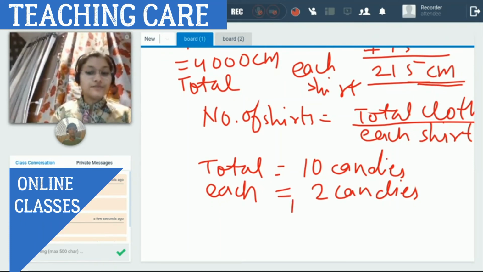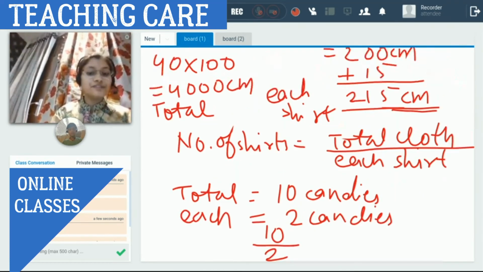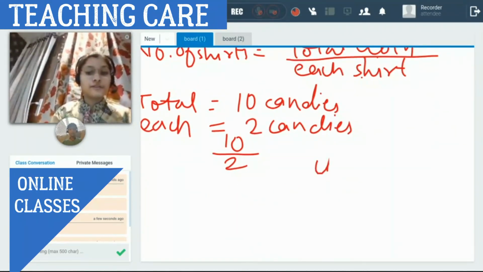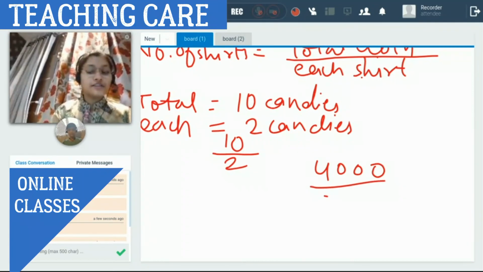What you did? Simply you divided the total quantity by what each child is getting. Same concept is over here. The total cloth is given to you. Each shirt is using this much cloth. So how many shirts can be produced out of it? Divide the total by each shirt. So that will be 4000 divided by 215.